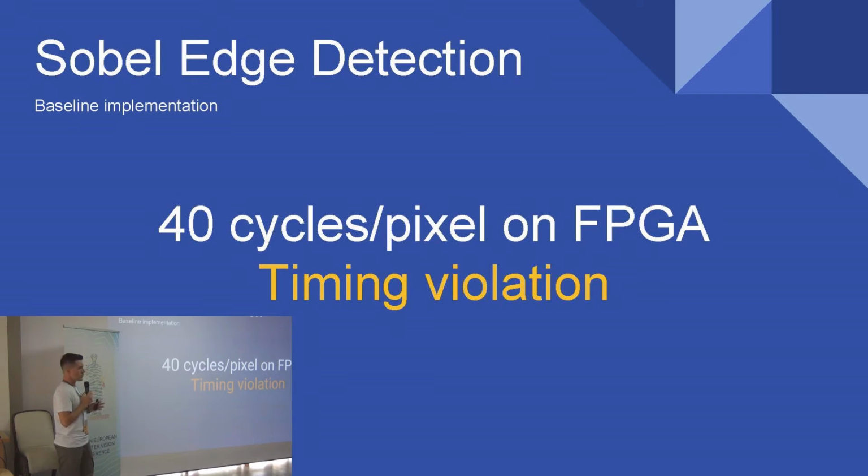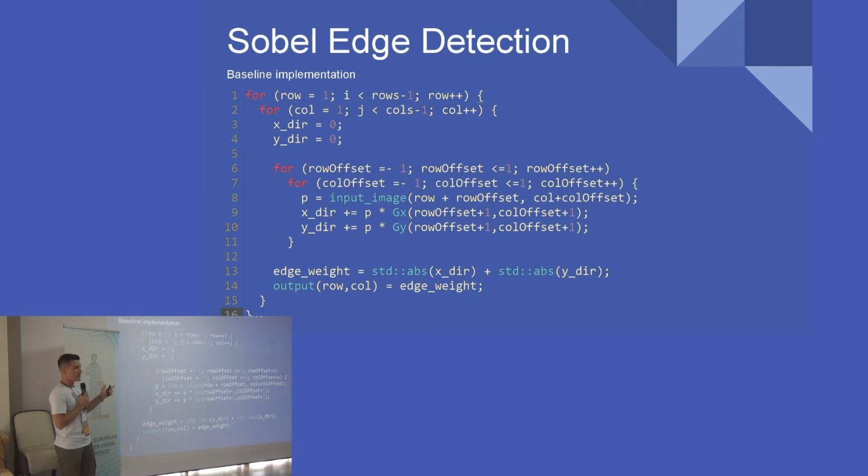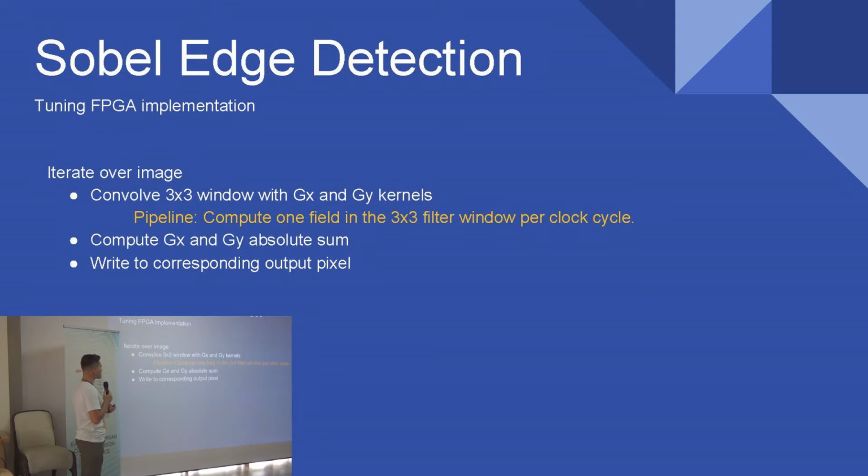That is too slow, because to reach full HD in real time we have to process data at a rate of 1 pixel per cycle. So this straightforward implementation is 40 times slower. So here is why.